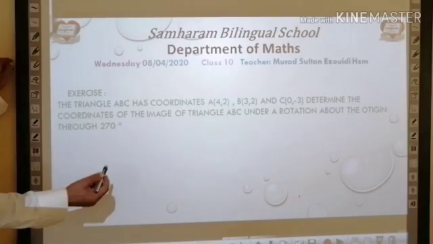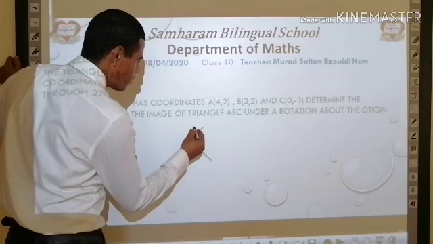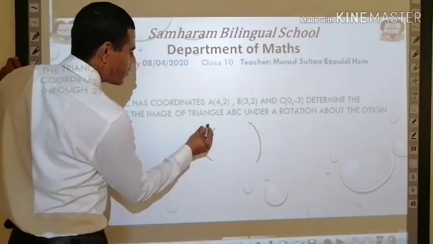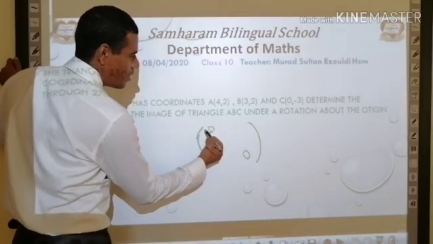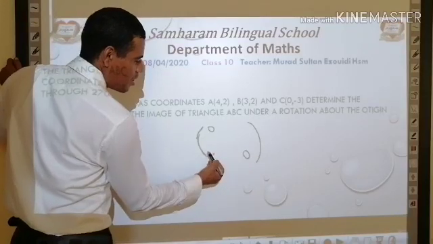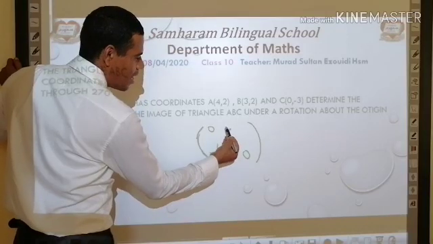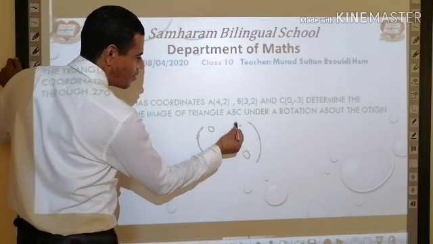Okay. So first of all, what is your matrix of transformation? This is 0, because cosine of 270 degrees is 0. Sine of 270 is minus 1, so minus sine of 270 is minus minus 1, which is 1.